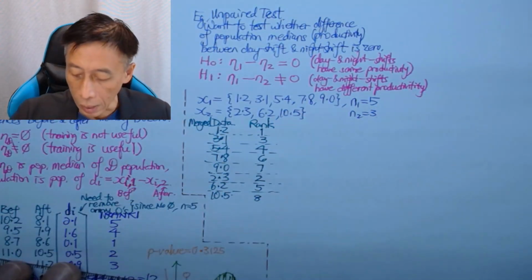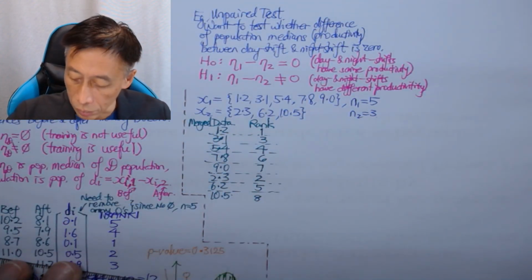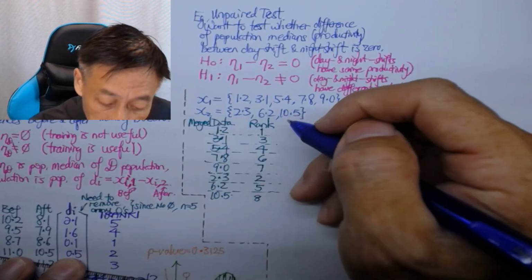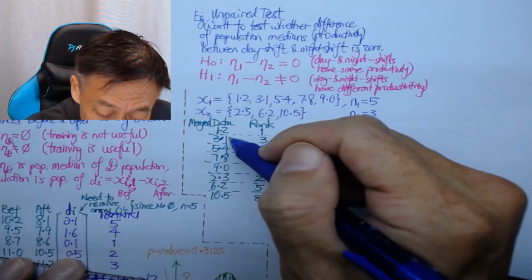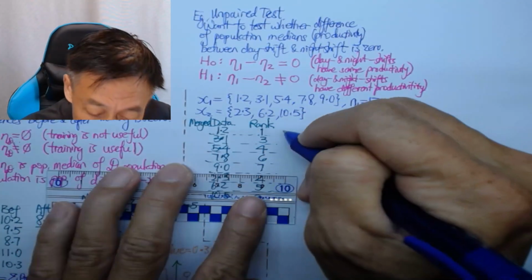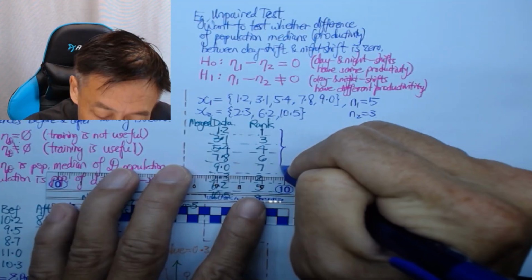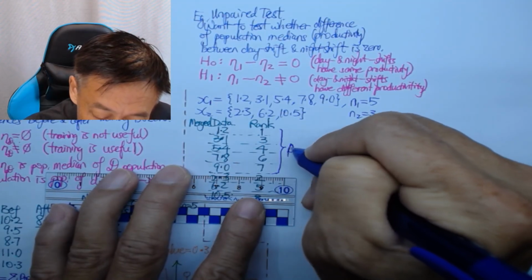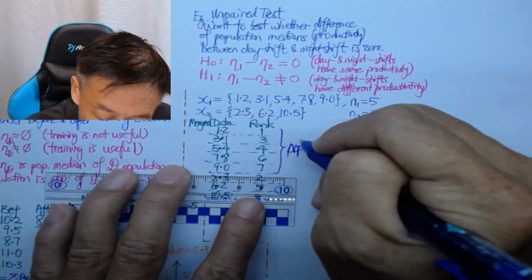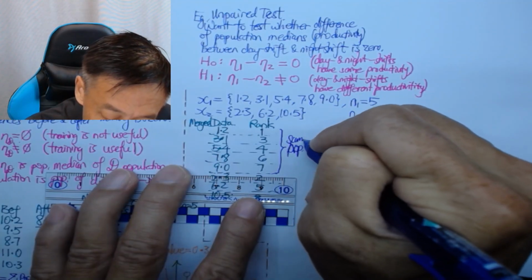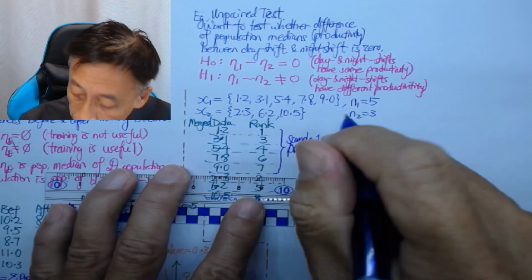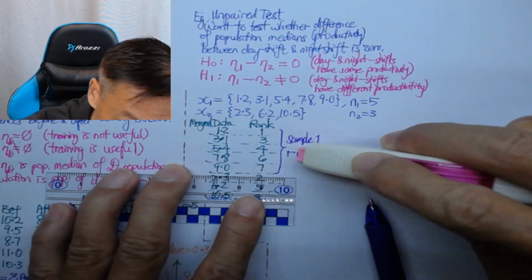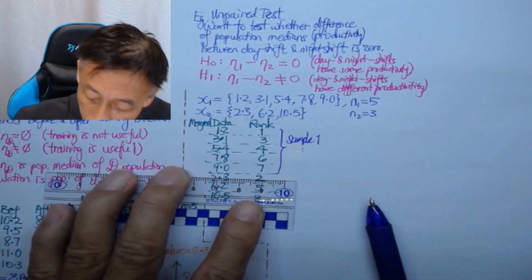And it is clear to see that this part, where we wrote down 1.2, 3.1 until here, these are all data from population 1, or sample 1.